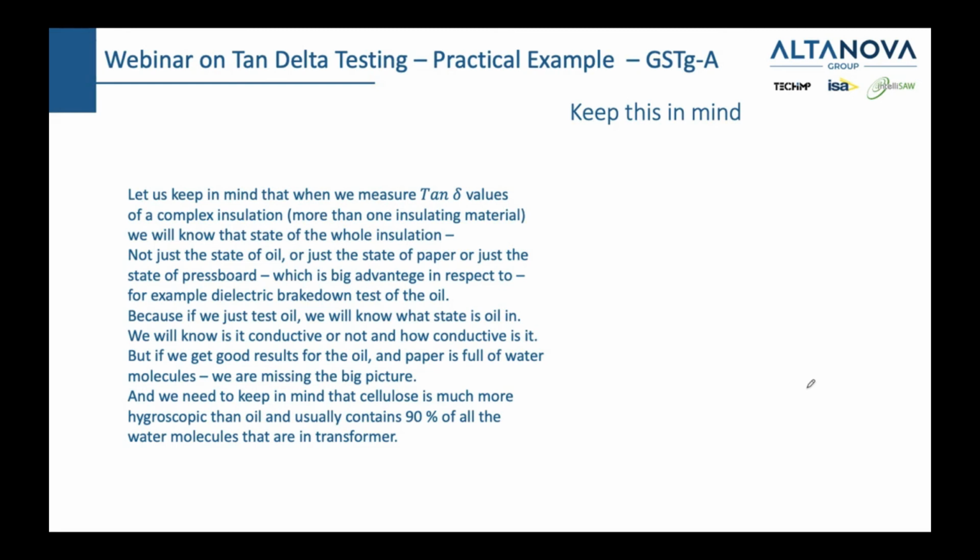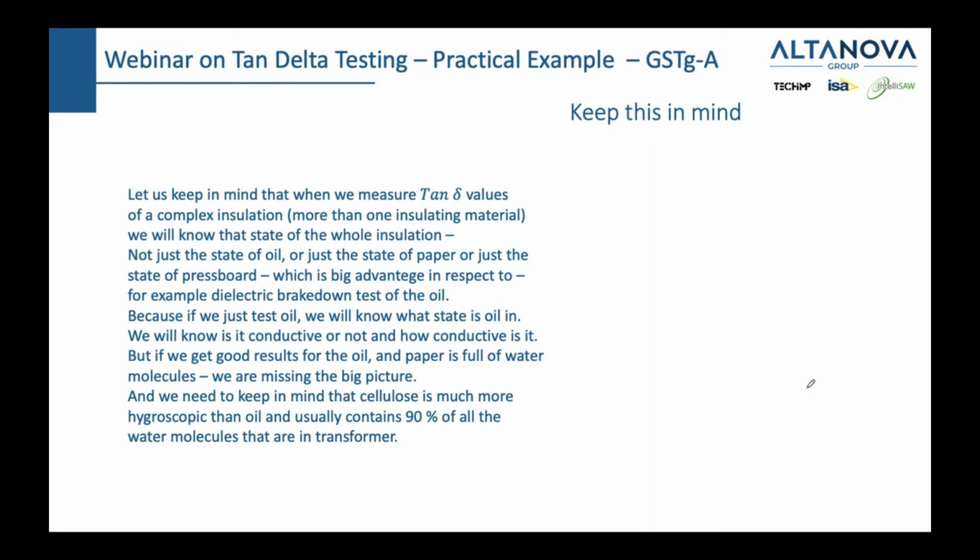So what I would like to mention here, and allow me to read this, is let us keep in mind that when we measure tan delta values of a complex insulation, so oil, pressboard, paper, we will know the state of the whole insulation, not just one segment. So we will not just know the state of the oil, or just the state of the paper, or just the state of the pressboard, which is a big advantage in respect to, for example, the dielectric breakdown test of the oil.